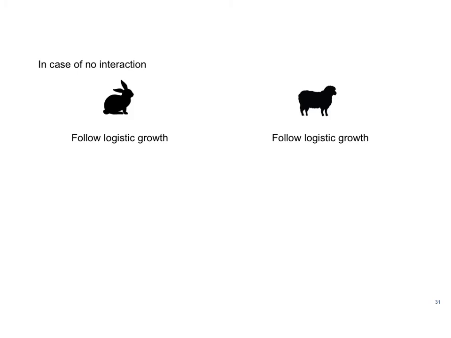As a first modeling approach, we have a logistic growth. Again, this is something we already saw. From this example, you can remember that the carrying capacity is given by this number in here. Let's start with these populations isolated first.